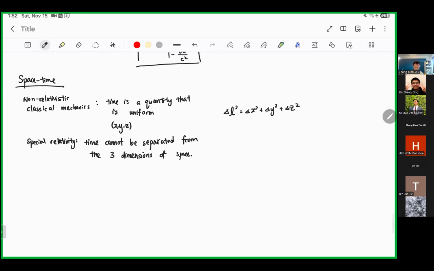So we define something, let me write this first: delta t squared minus delta x squared minus delta y squared minus delta z squared.